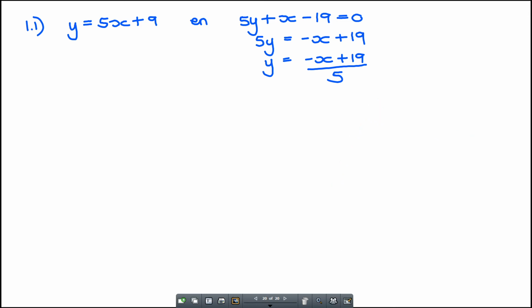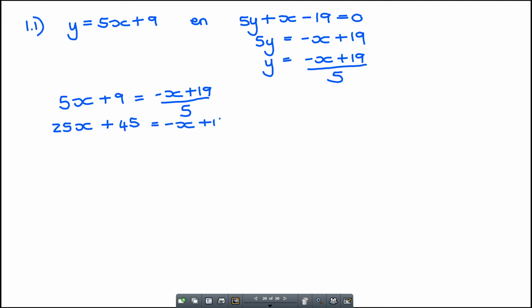So I'm going to say, make the two equal. So 5x plus 9 will be equal to minus x plus 19 over 5. Nee, okay, dan gaan ek nou gaan maal met 5. So I'm going to get 25x. Ek wil net ontslae raak van daai breuk, nee?